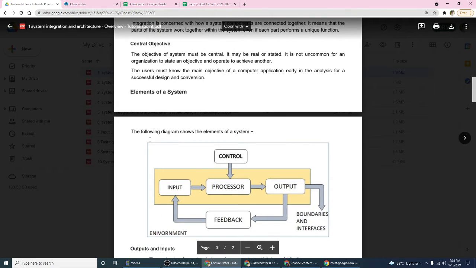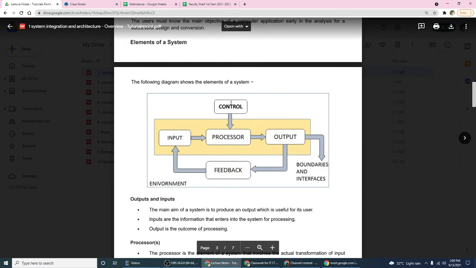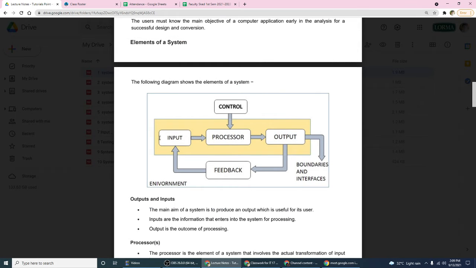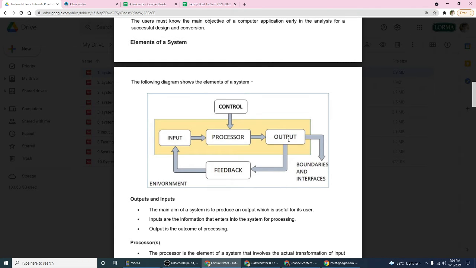Elements of a system. So the following diagram shows the elements of the system. First you have the control, and then here we have the IPO, the input, process, and output, and then you have the feedback. So if there's any error that should be corrected, then it will go back again to your input and process that and come out with the output.